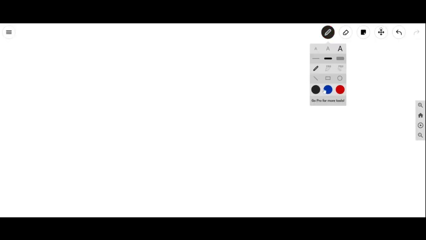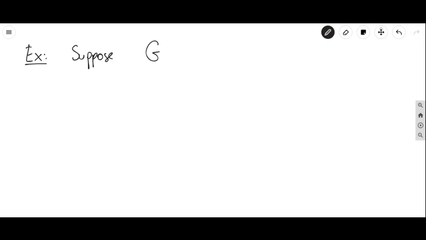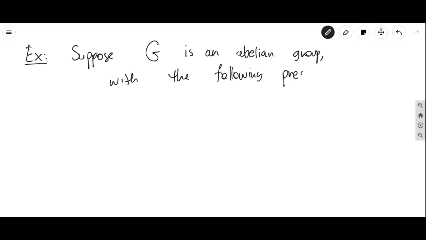So let me give you an example. Suppose G is an abelian group with the following presentation.